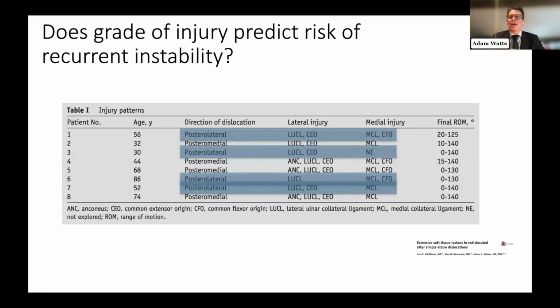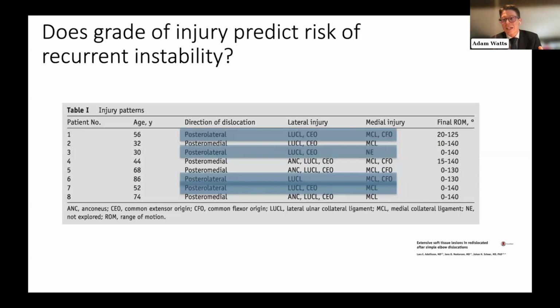We don't have a randomized control trial that's stratified to inform us, but we have some indirect evidence from Lars Adolfsson, who showed that patients who go on to have recurrent instability of the elbow after simple dislocation, if it's a posterolateral injury, they have a high degree of soft tissue injury around the elbow.